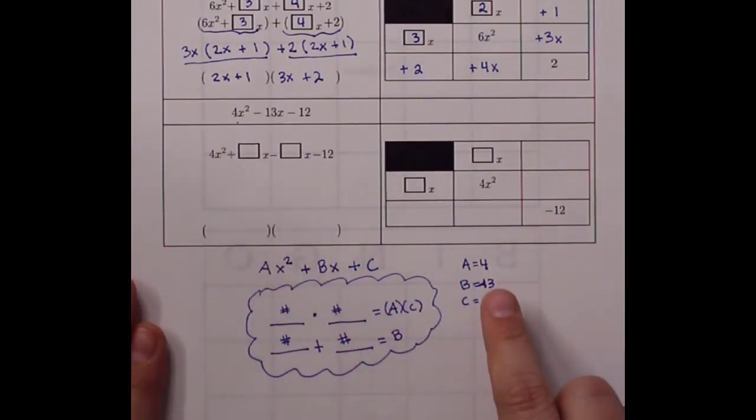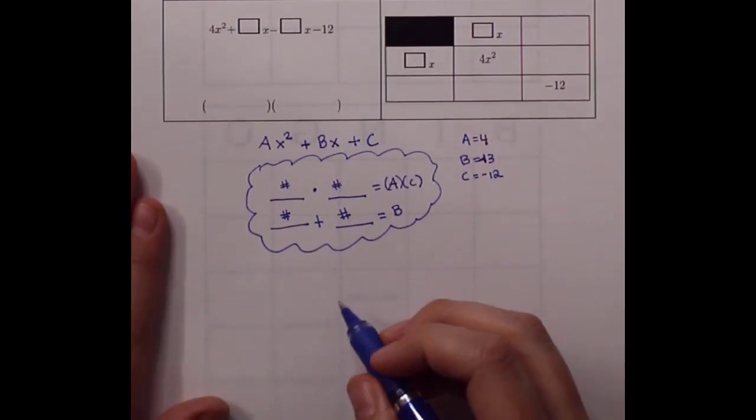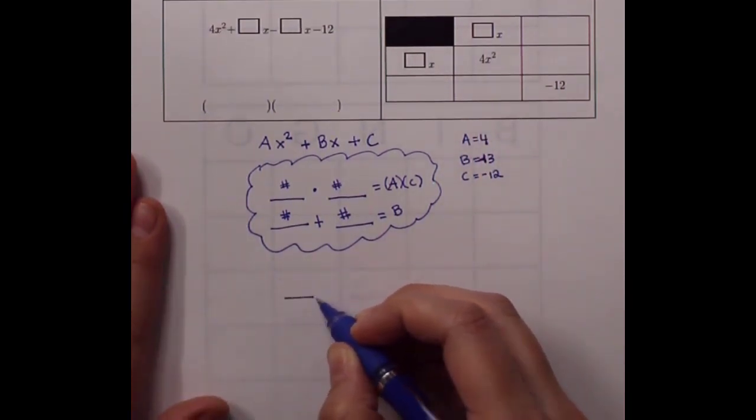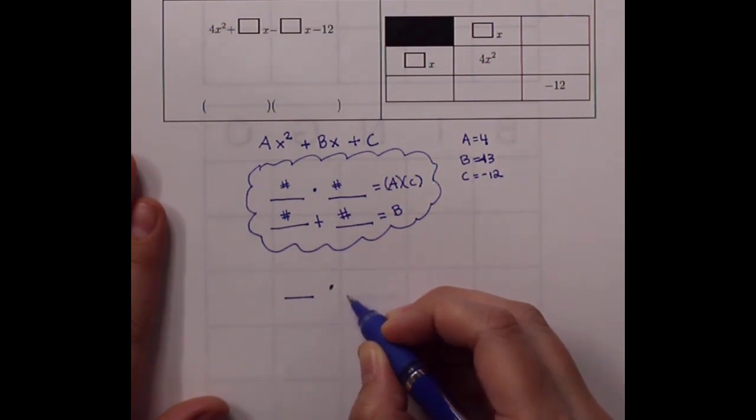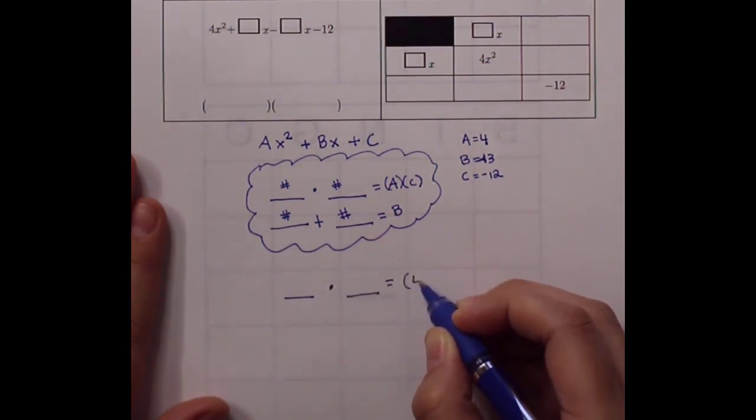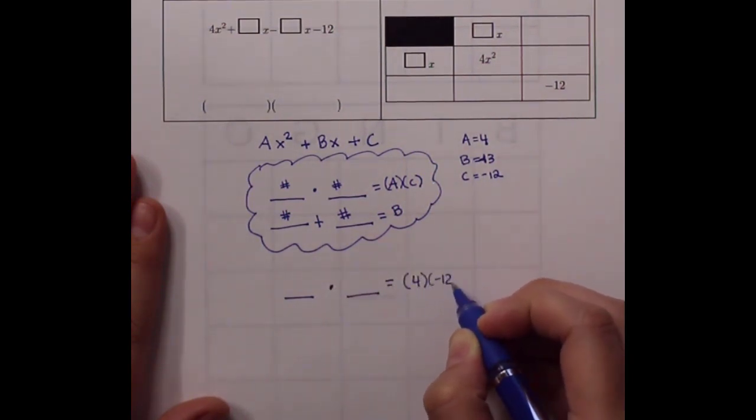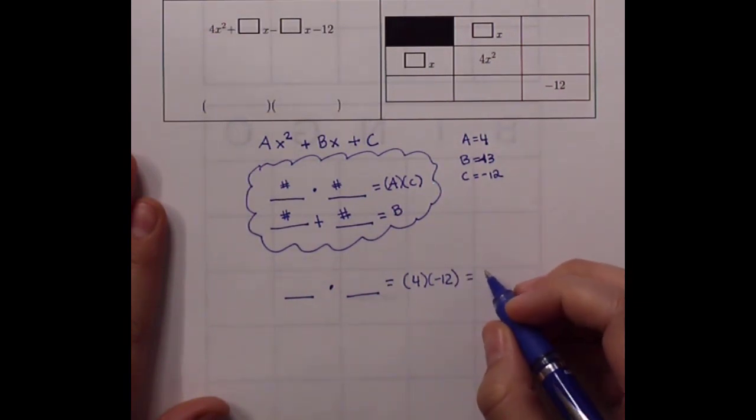So our numbers, 4 and negative 12, are a and c respectively. So I need 2 numbers that multiply to make 4 times negative 12, which if you multiply that out is negative 48.